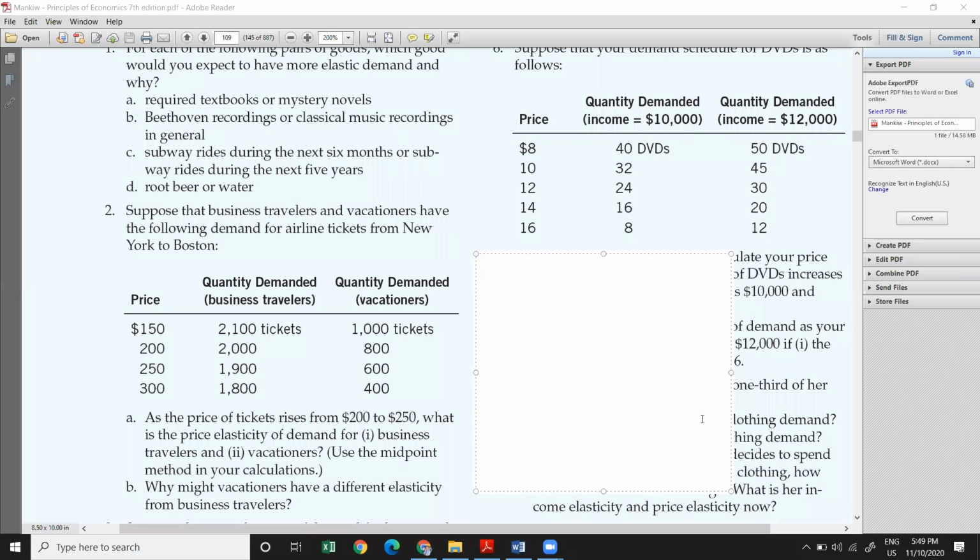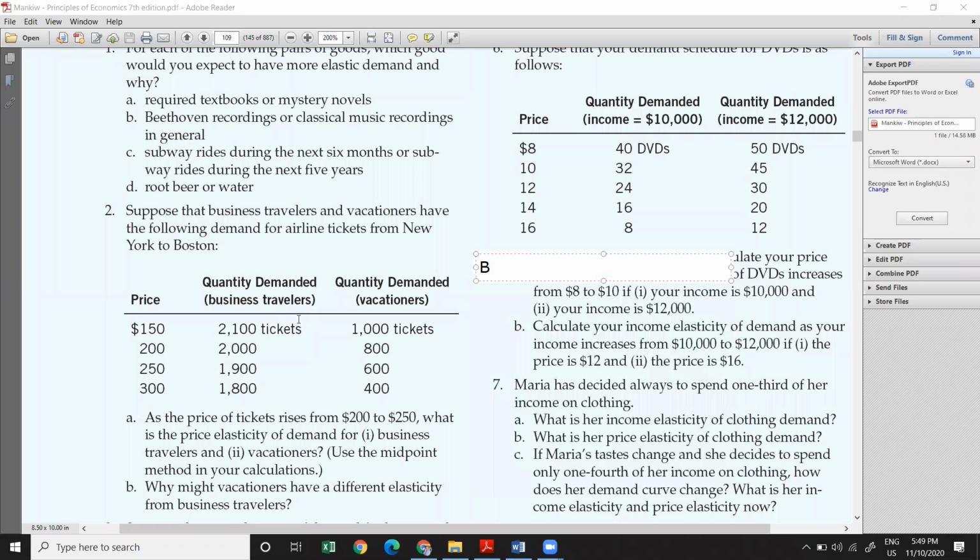If the price changes from 200 to 250, the quantity will change from 2,000 to 1,900 for business travelers. The elasticity of demand is the percentage change in quantity divided by the percentage change in price.